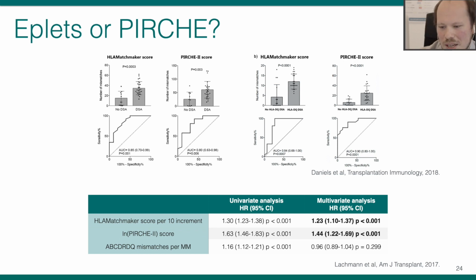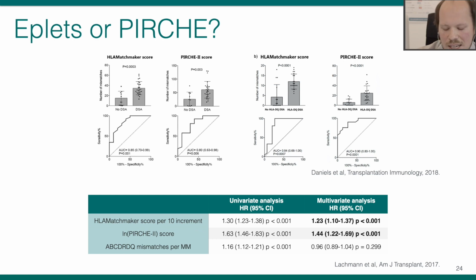Even in the same populations, we see a good correlation between MatchMaker and DSA and PIRCHE and DSA, and depending on the locus, depending on the setting, it varies a little. But very important to keep in mind, that's also the table down here of the publication of Niels Lachmann, is that in a multivariate analysis, you see that both the MatchMaker and the PIRCHE score survive the multivariate analysis.